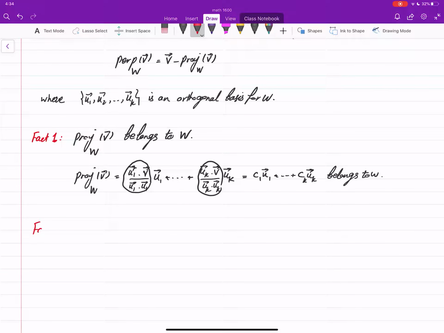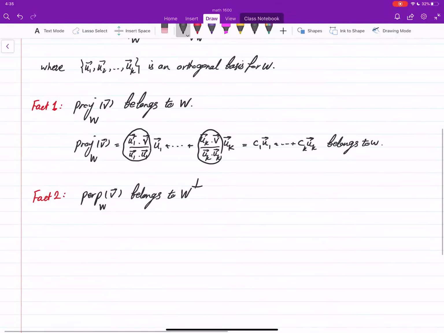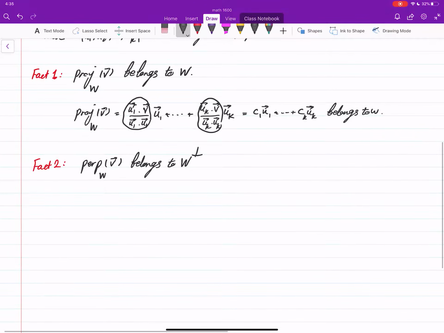The second thing is, now that we know where the projection of V onto W belongs, how about perp of V over W? This one belongs to the orthogonal complement of W, W perp. How do we show that?